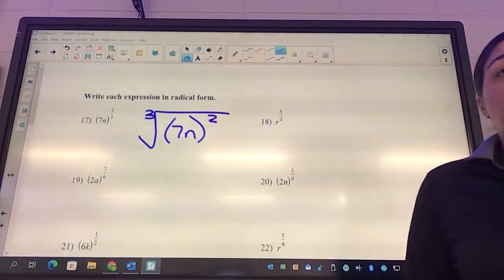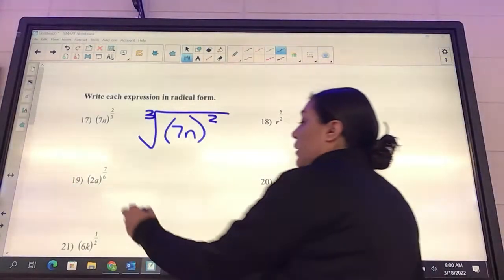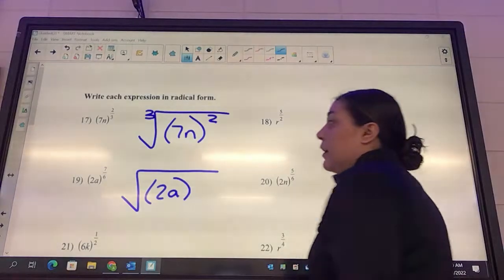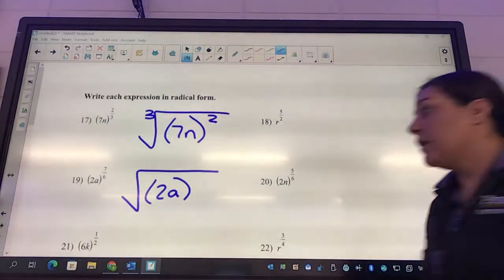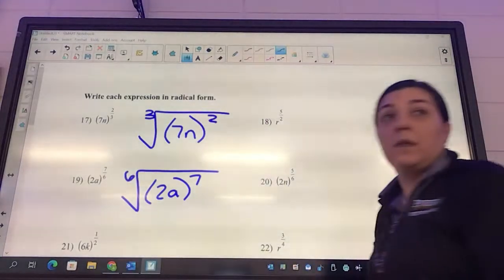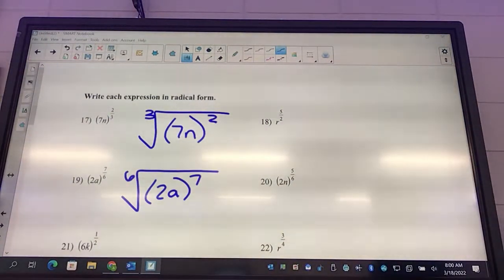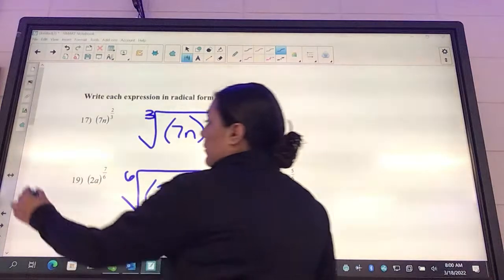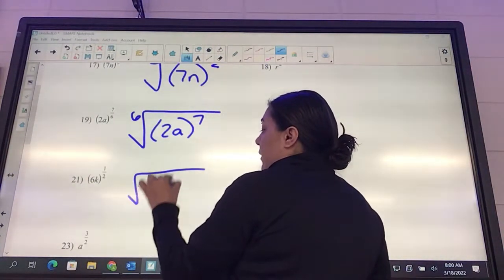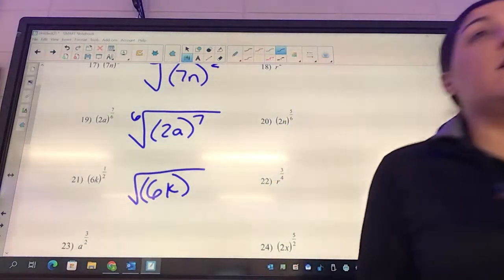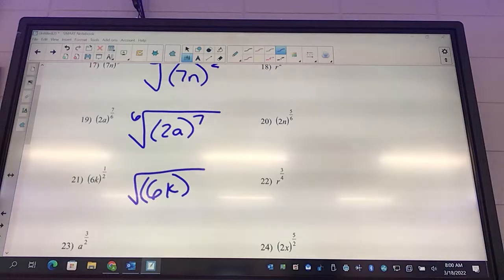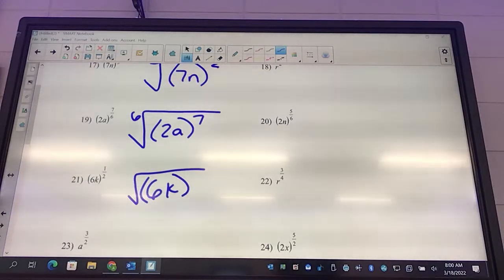Okay, you're going to have your radical, 2a inside, 7 outside, 6. We got 6k. The parentheses are a have to. If there's anything more than one letter or number underneath that radical, you have to use the parentheses.